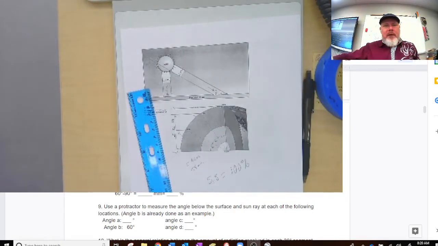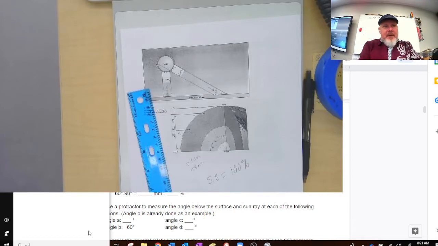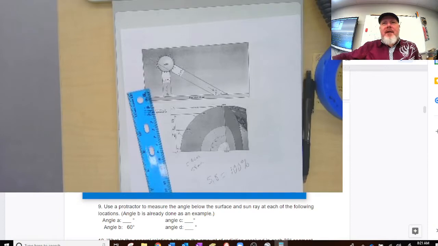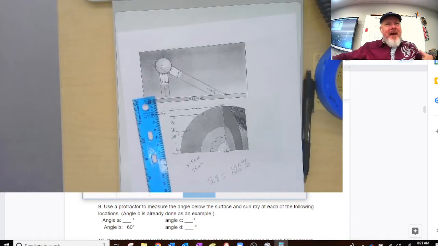That's your total. You can bring out a calculator here to figure out the percentage for 1 centimeter, if 5.8 is 100%.